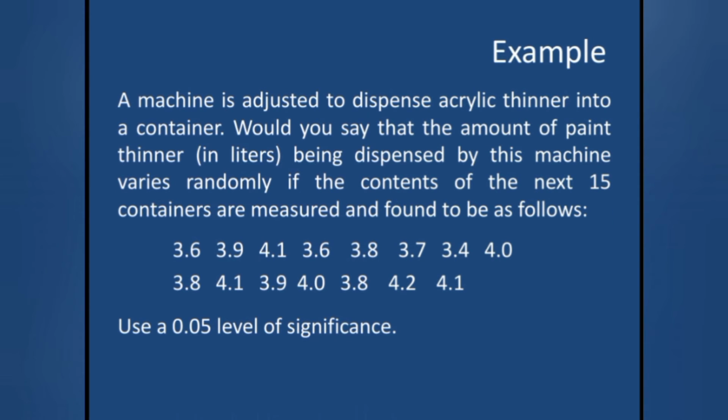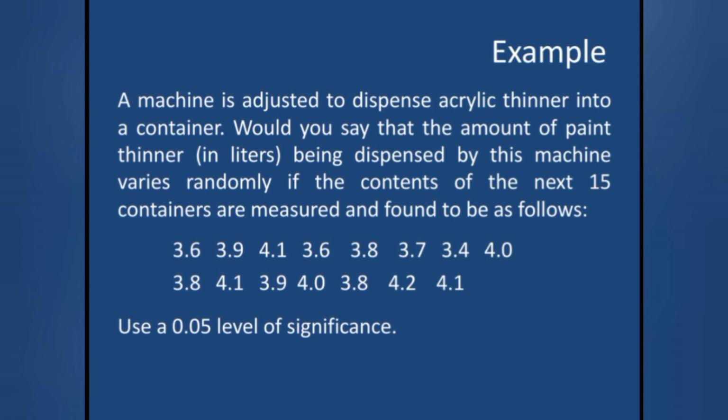For our example, for small samples, a machine is adjusted to dispense acrylic thinner into a container. Would you say that the amount of paint thinner in liters being dispensed by this machine varies randomly? If the contents of the next 15 containers are measured and found to be as follows, use a 0.05 level of significance.